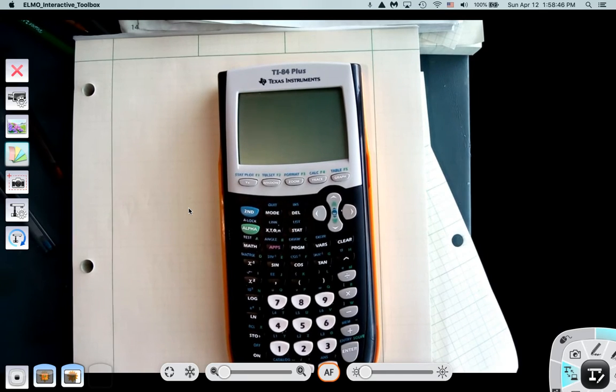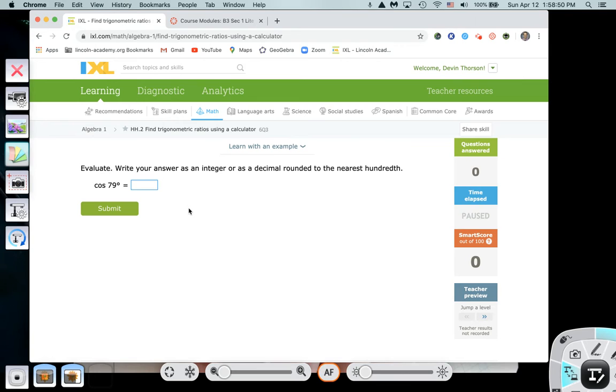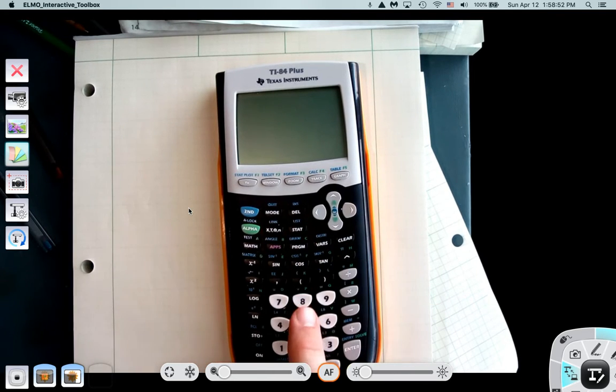And we can use those to find the cosine of 79 degrees. So on this calculator, I'd make sure my calculator's on, hit the cosine key, type in 79 degrees, and hit enter. And I would get this ratio of negative 0.895.